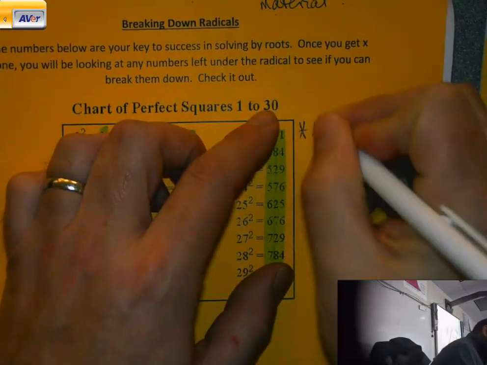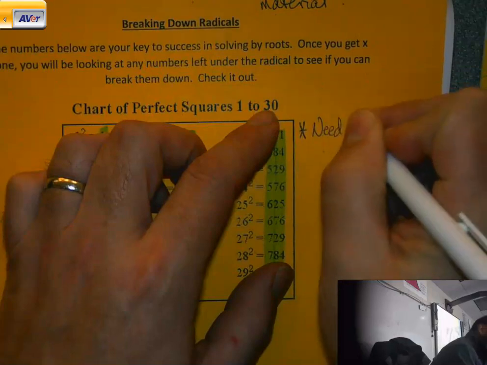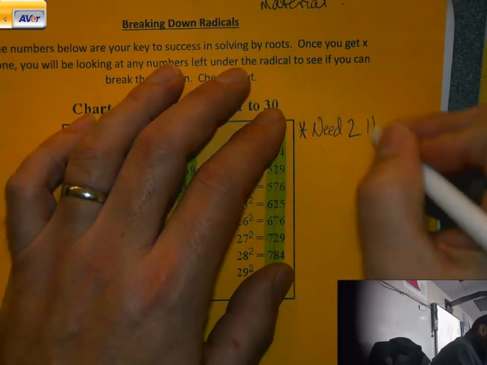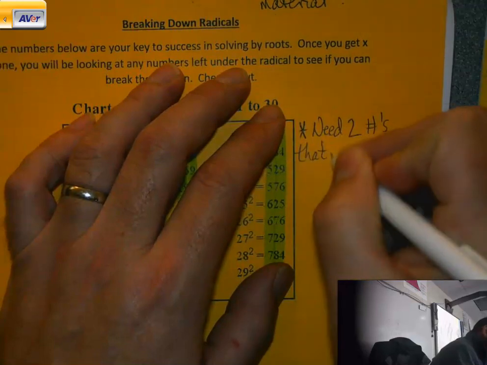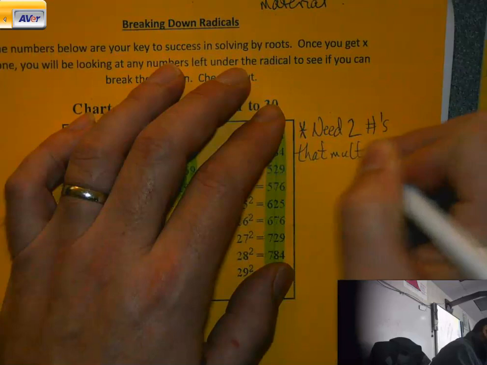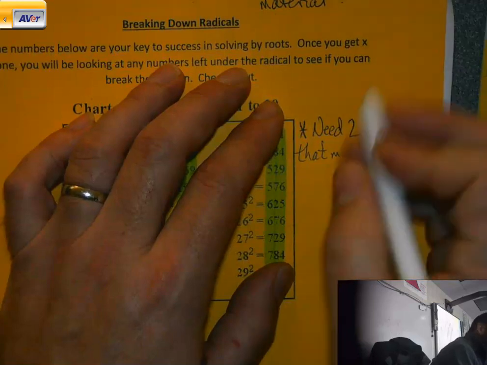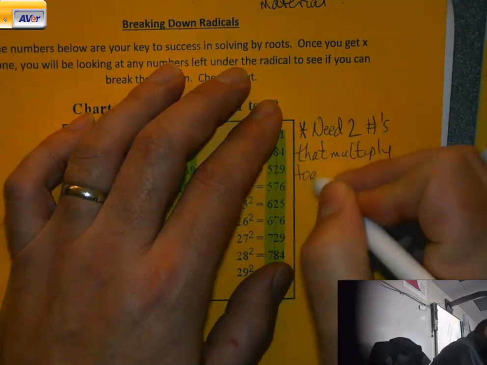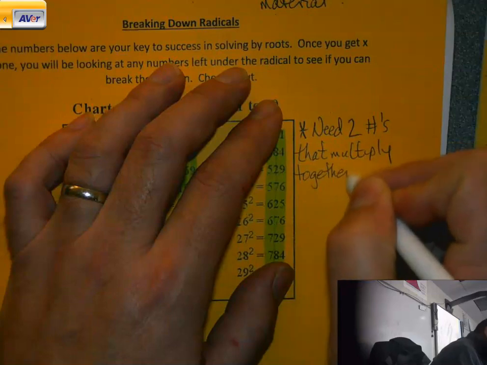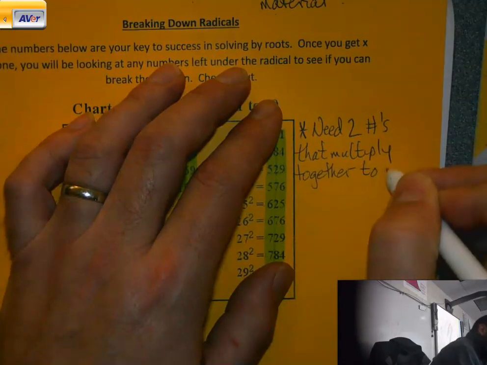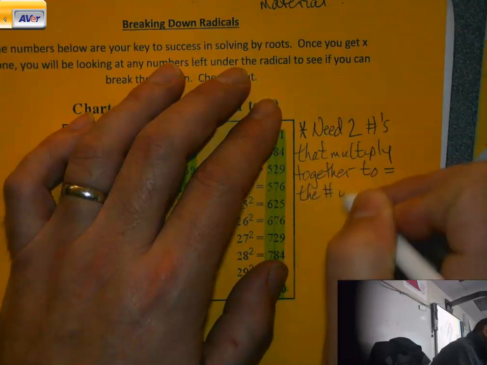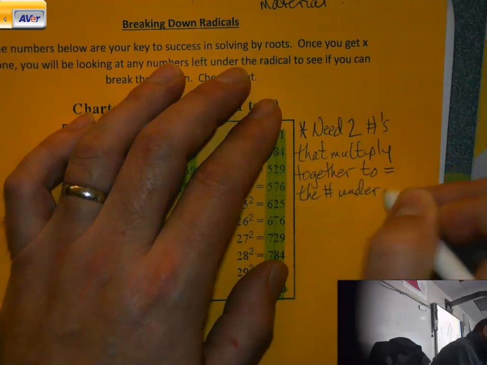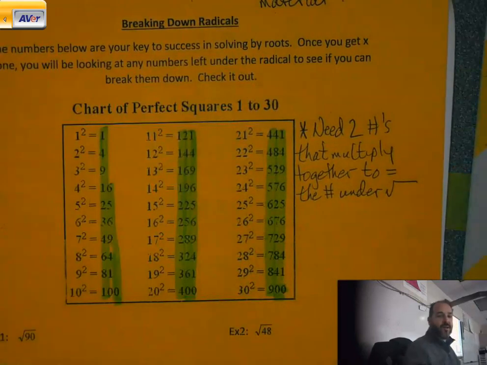I need two numbers that multiply together to equal the number under the radical. You're like, okay, that doesn't seem too difficult.